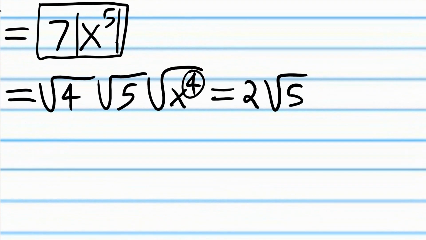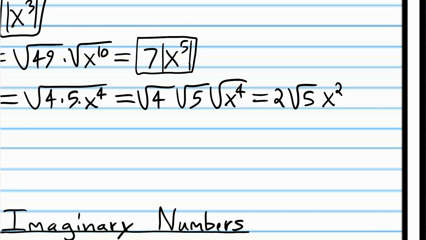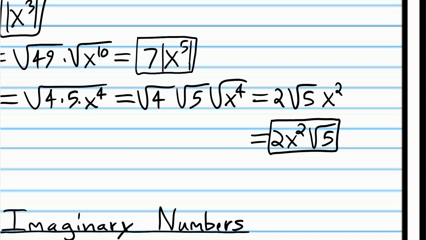So take the power of the radicand, divide by the index. 4 divided by 2 is 2. So we get x squared, but since that's an even power, we don't have to worry about absolute value symbols. So our final solution is going to be 2x squared times root 5. It's always good to write the numbers outside the root in front, or else it could be really confusing.